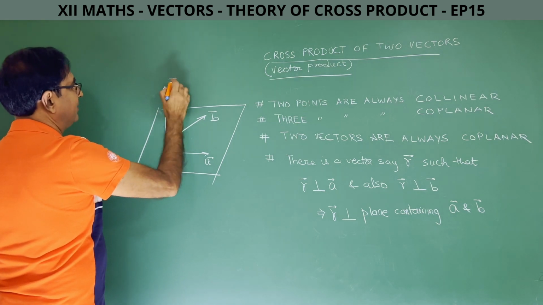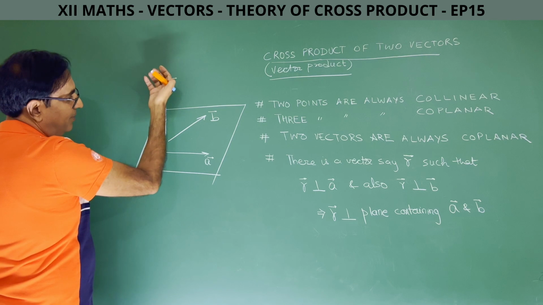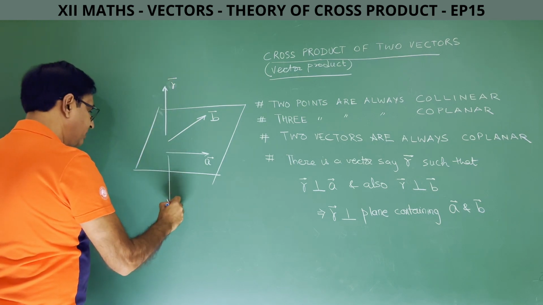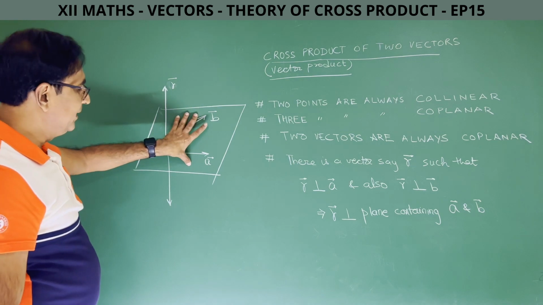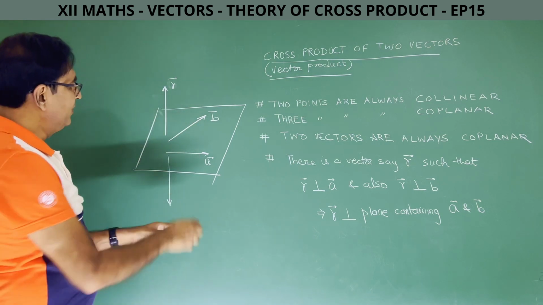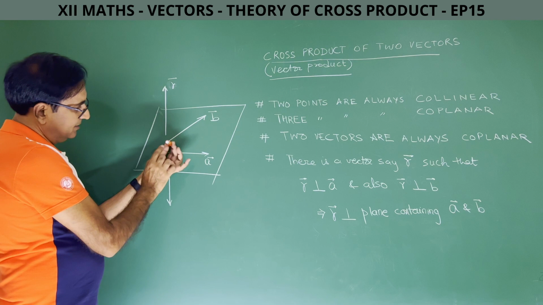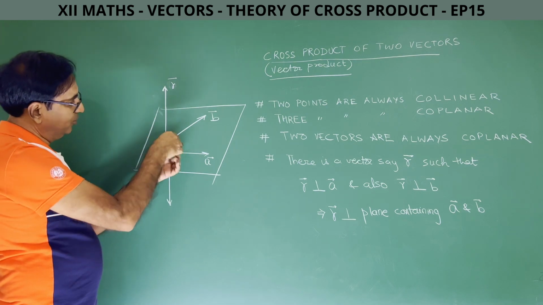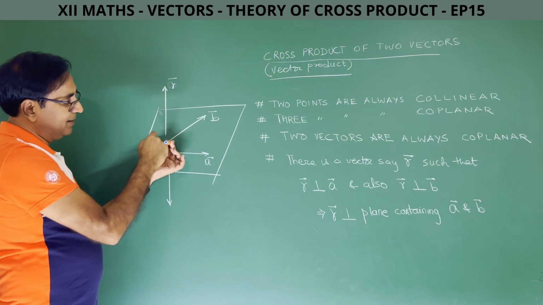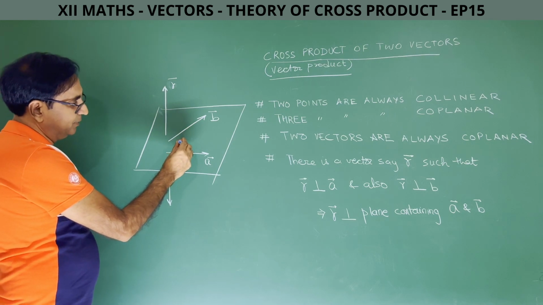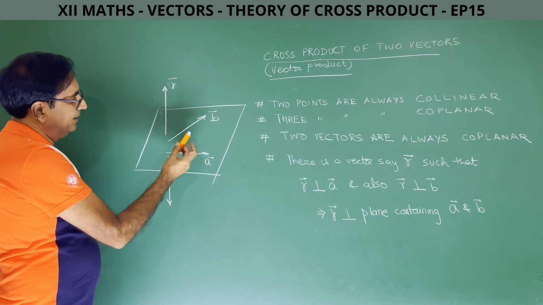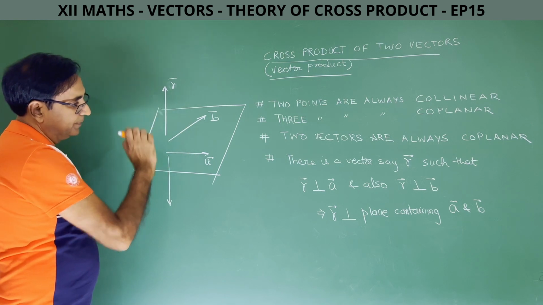It can be coming above or it can be going down. In both the cases, vector R is perpendicular to the plane containing A and B. It could be like this, coming outside the blackboard, or going inside the blackboard. Either way, this chalk holder is perpendicular to this plane. Here it is pointing inside, here it is pointing towards you.